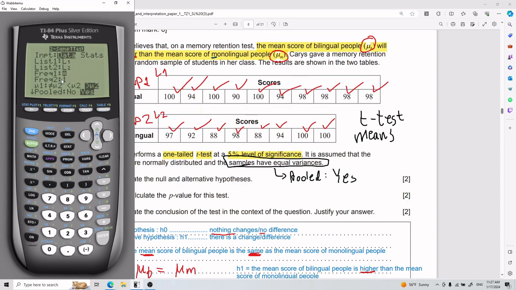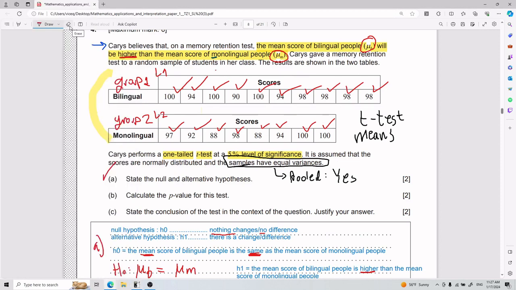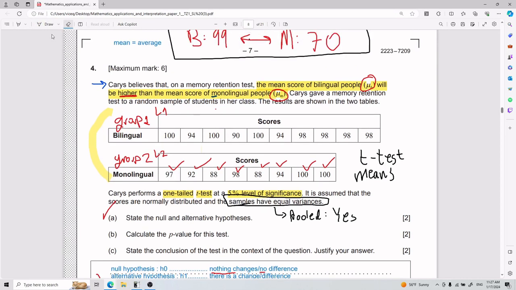Frequency has to do with if this were to have a frequency list. Just to clear this up, because I know some of you are probably a little bit confused on what that means. For example, if I were to express this first one in a frequency list, I have bilingual people. I would have score, and here I would have frequency.